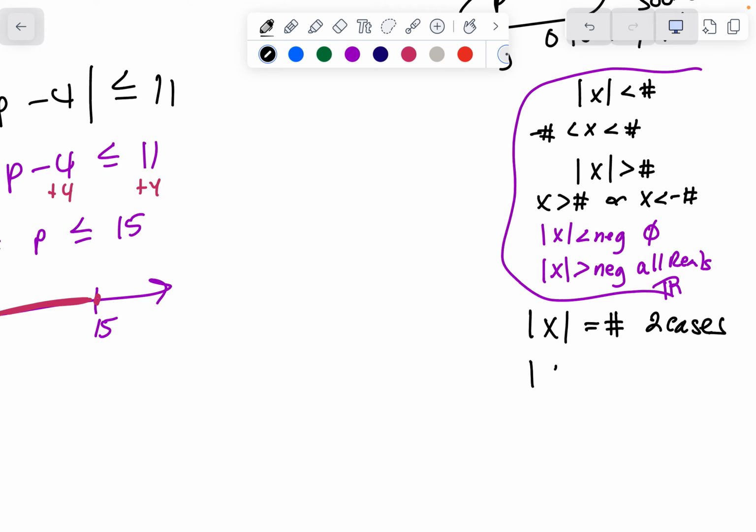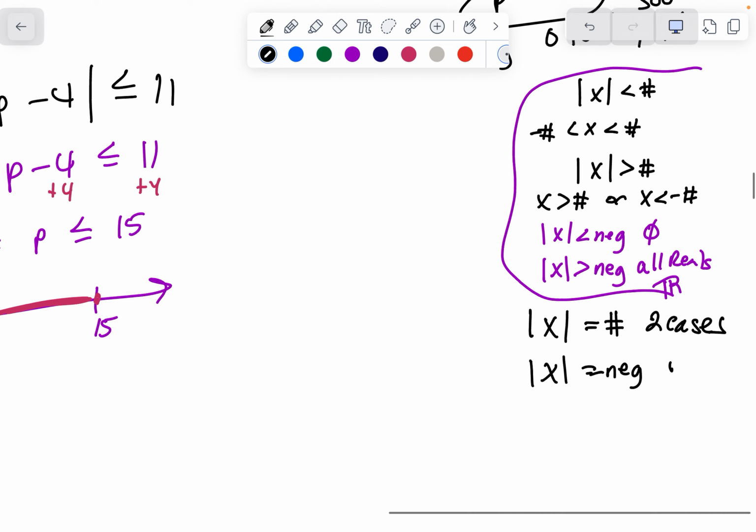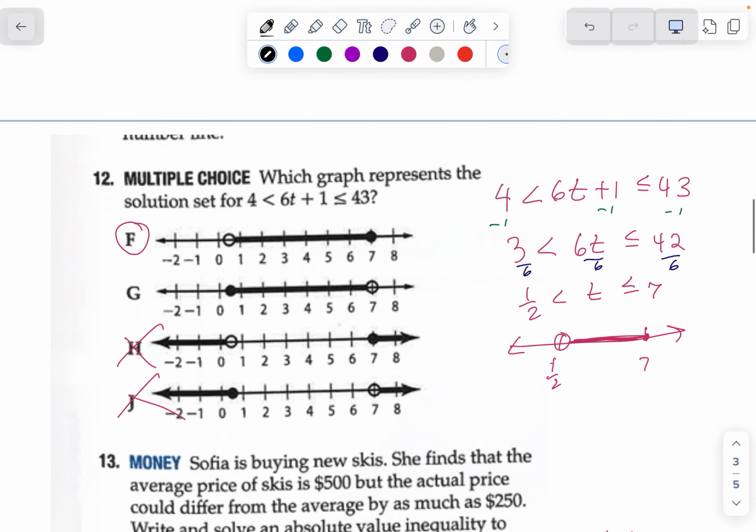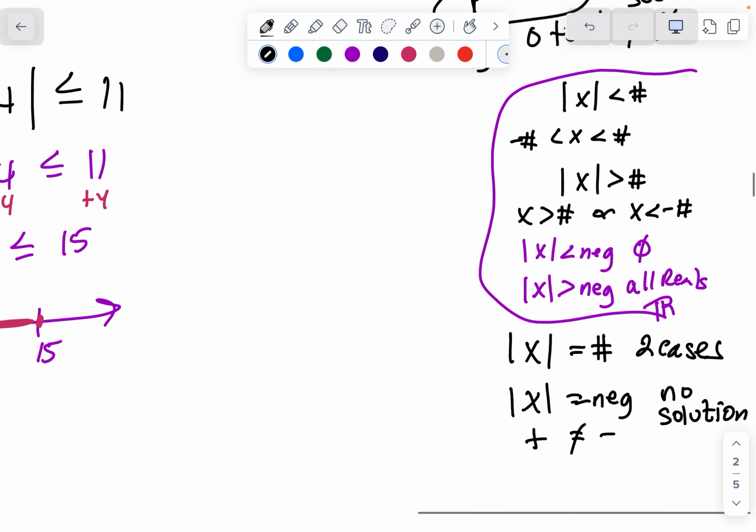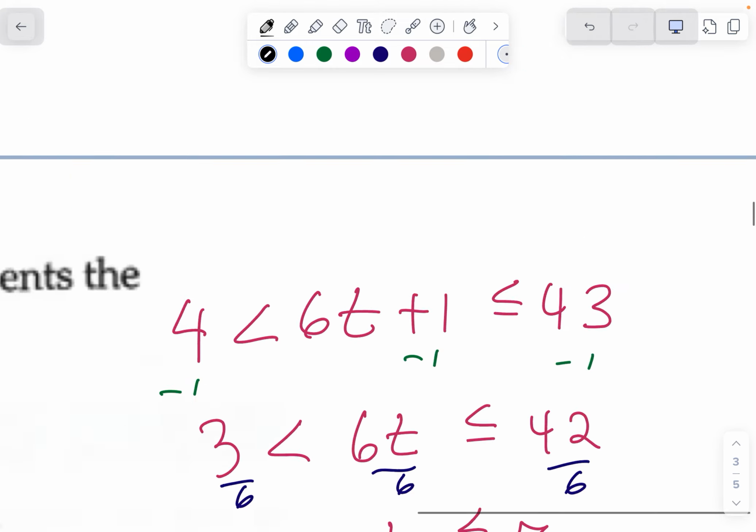But if you have the absolute value equals a negative, then there is no solution, because this is saying a positive equals a negative, which doesn't work, okay? Let me put that up one more time. Those are definite rules you want to make sure you know for tomorrow.